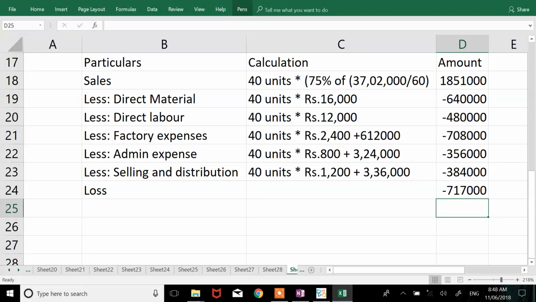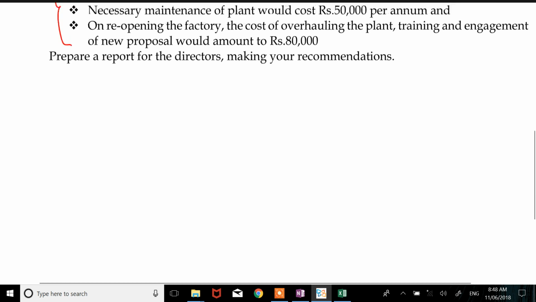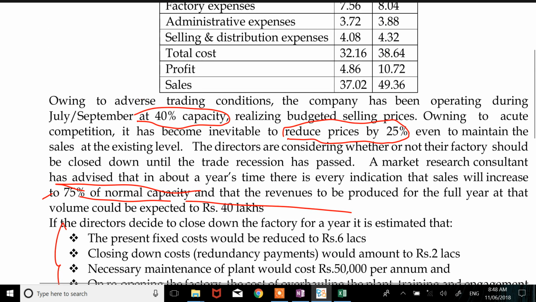It is expected to report a loss of 7,17,000 by continuing operations. Hence the plant should not be shut down.